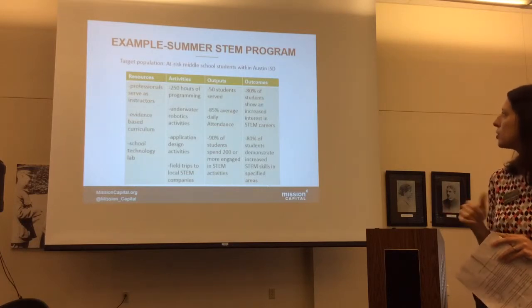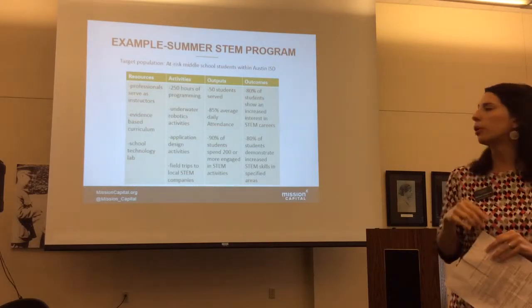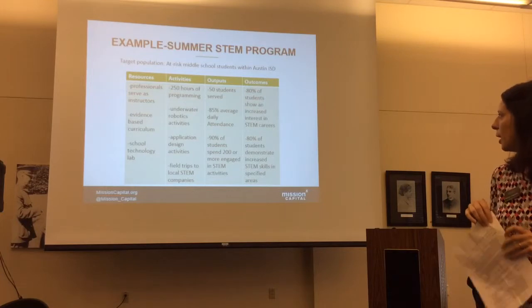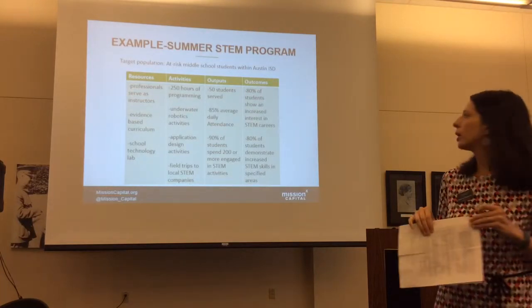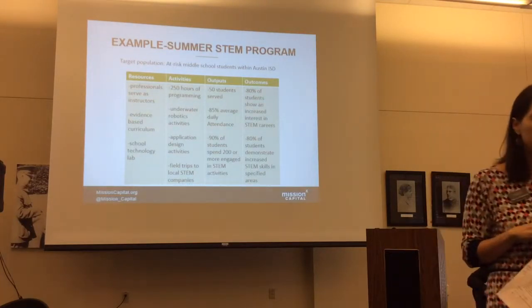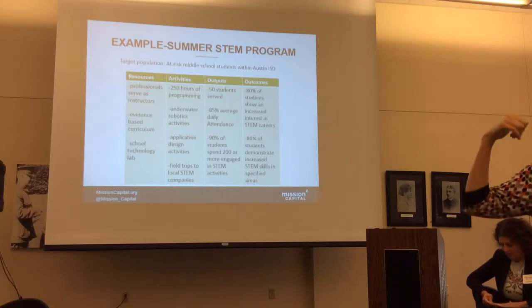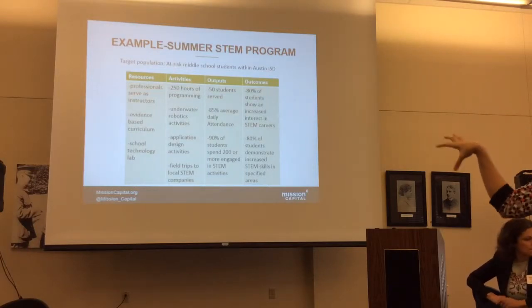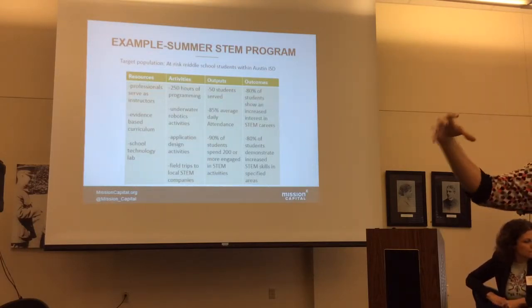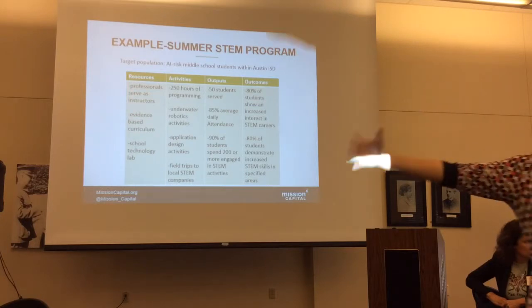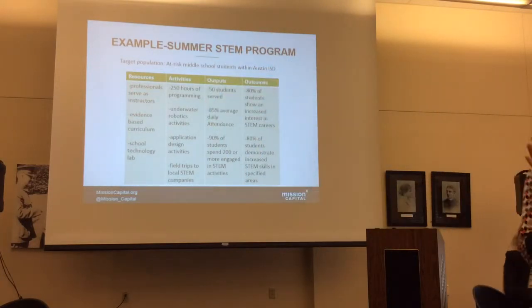And then your outputs, that they're tracking attendance and number served. And finally, the specific information about outcomes in terms of increased interest in STEM, and demonstrating increased STEM skills. If I was fleshing this out, we would want to see more detail about what the specific STEM skills are that you are trying to increase through your program. So this is simplified, but hopefully that gives you a basic visual of how this would all look. Okay.